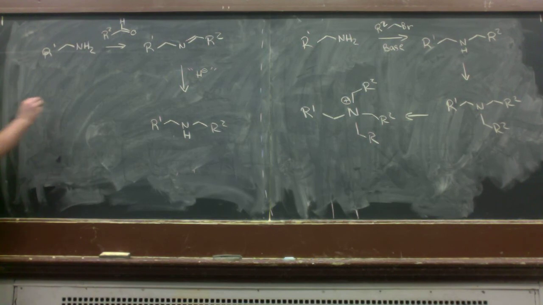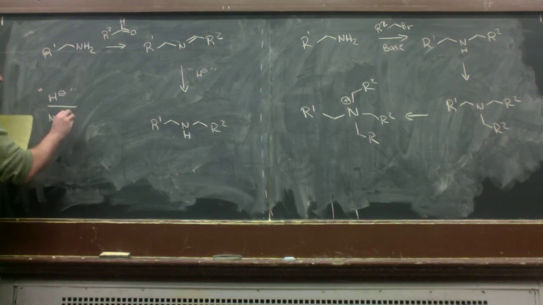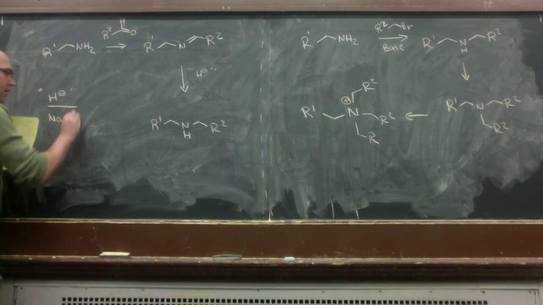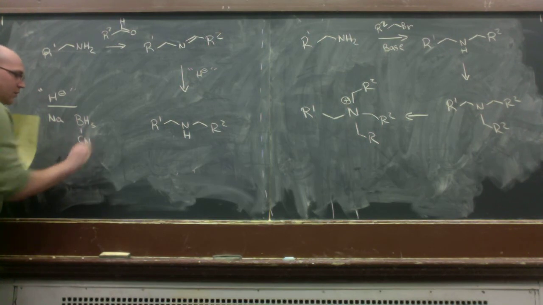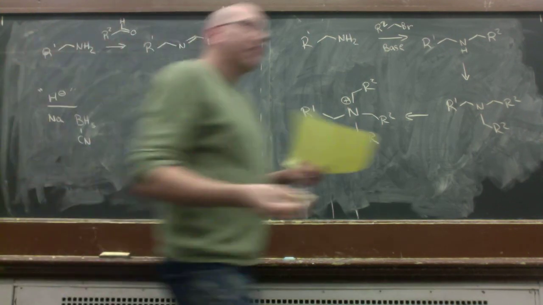Okay? Now the hydride source that's the go-to in this chemistry is actually sodium cyanoborohydride. So I'm not entirely sure what the need for sodium cyanoborohydride is for this reaction, but I guess it's just a little less reactive or something like that.